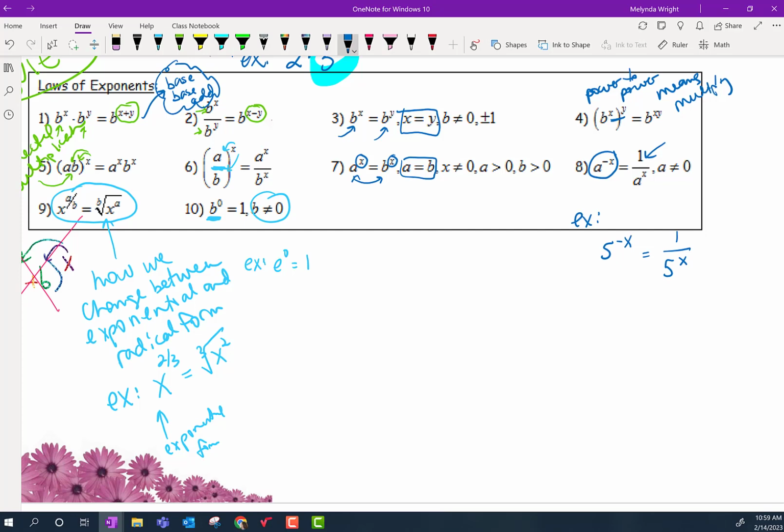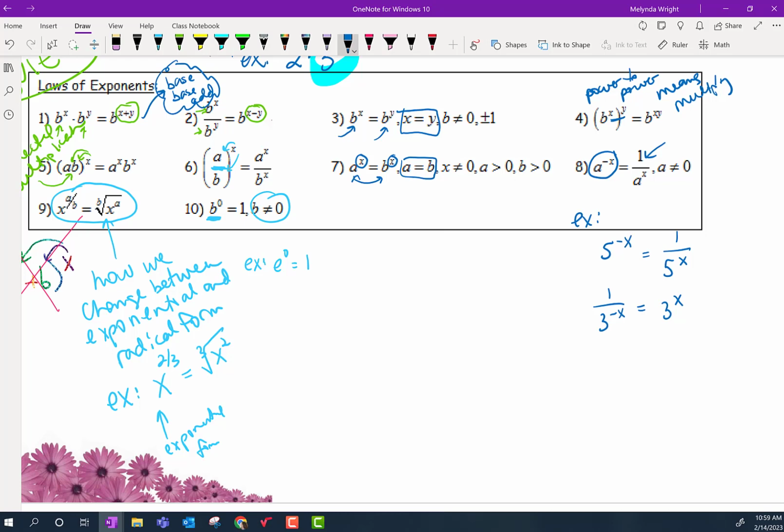It works the other way also. If we have, say, 1 over 3 to the negative x, that's going to be the same thing as 3 to the x. It goes both ways. Now again, if there's any pluses and minuses hanging on, we're done. We can't do this. We have to do something different.